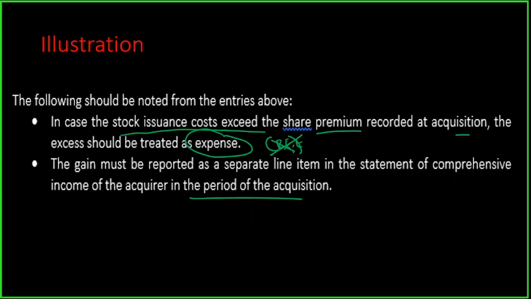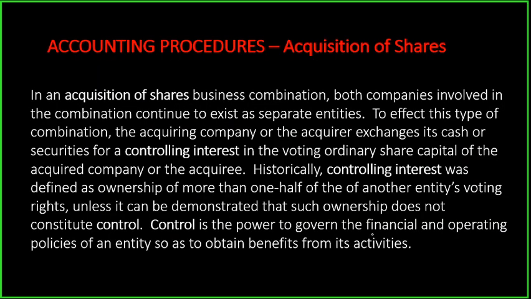Tada! Accounting procedures. Again, this time on the acquisition of shares. So, you just acquire shares. This means that the assets and liabilities will not be assumed or transferred to the acquirer, which means the acquiree will not be dissolved.